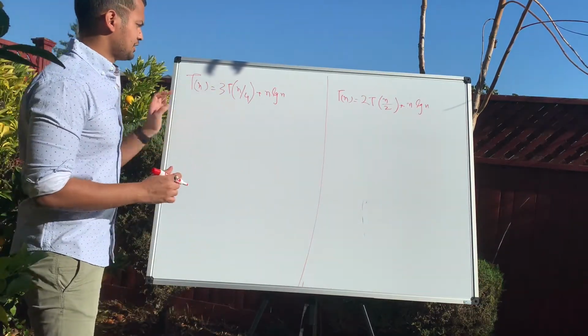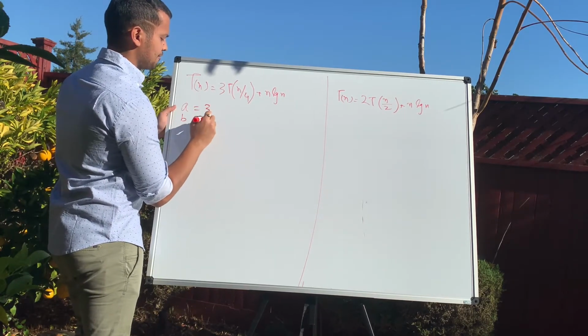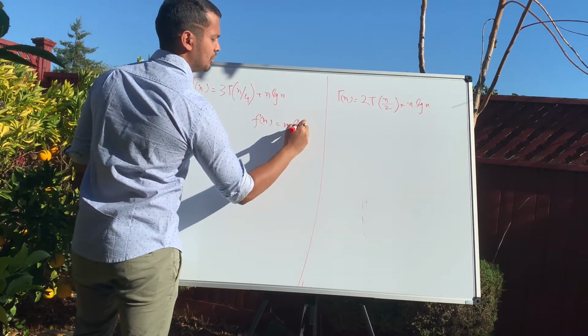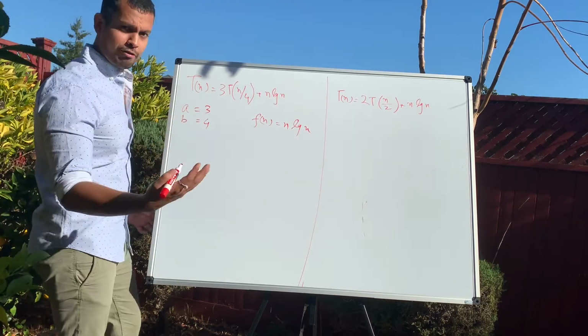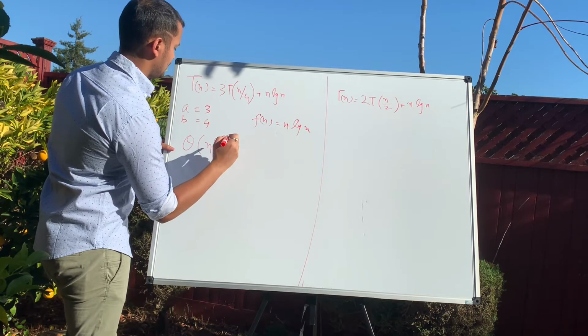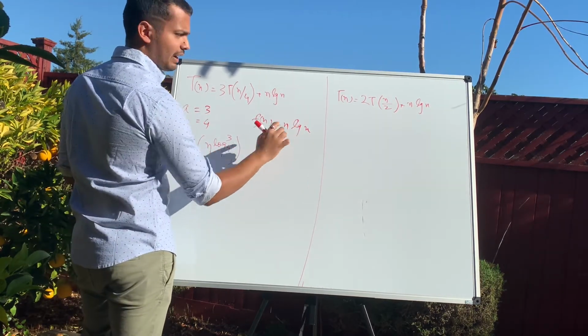So in this example, a is 3, b is 4, and f(n) is n log n, right? So transforming a and b, it's n^(log_4 3), and this side is n log n.